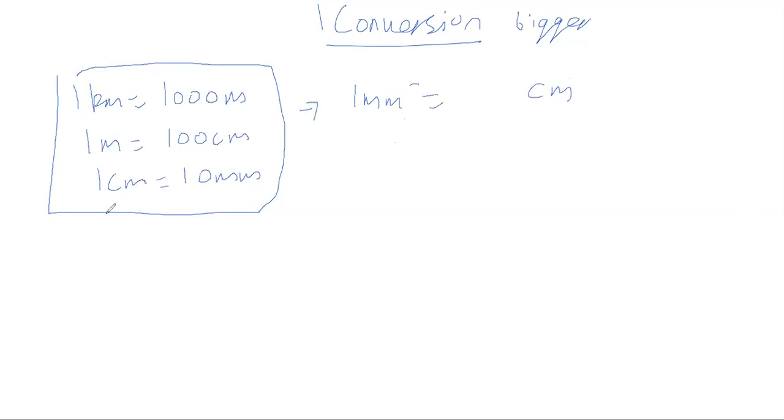You can see that in 1 centimeter there are 10 millimeters, right? But I am interested in how many centimeters are in 1 millimeter. Simple. You should always know the basic relationship. This is the basic relationship. So write it down: 1 centimeter is equal to 10 millimeters. Now you are interested in 1 millimeter, so just write 1 over here.